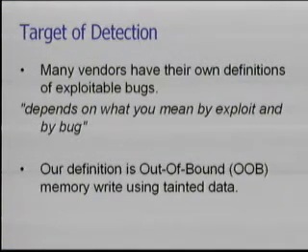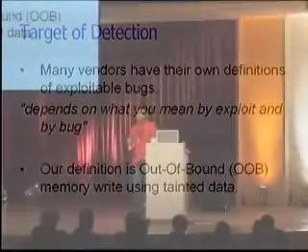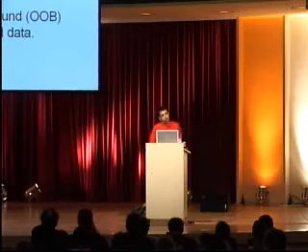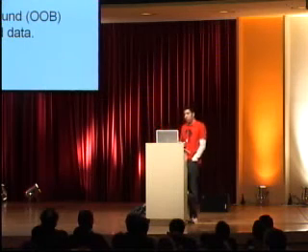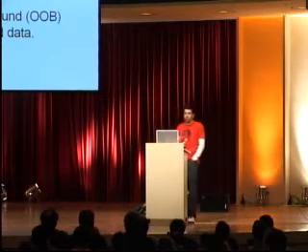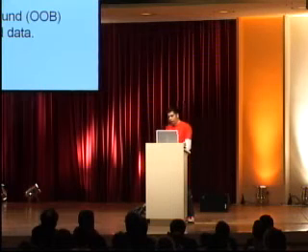Doing out-of-bounds reads can be vulnerabilities. Let's say you're able to read password files, hashes, variables, other types of logic from memory. That's definitely a vulnerability, but right now we're just concentrating on writes.